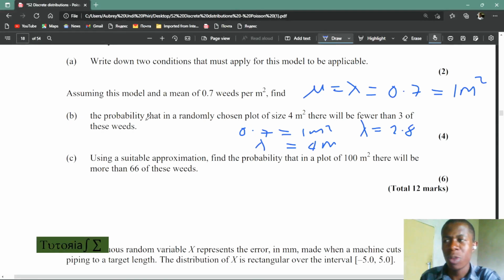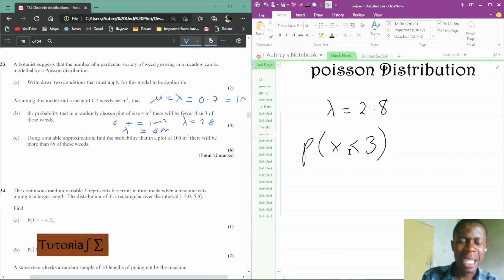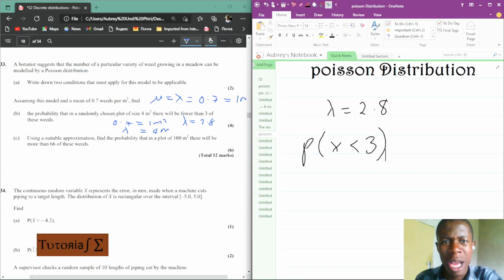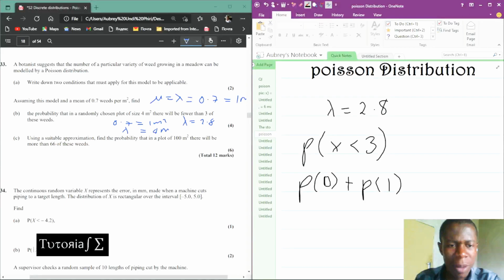So let me just switch to my writing. All right, so I've just written down my data. The mean is 2.8, and we're asked to find the probability of fewer than 3, which is x less than 3. So that is the probability of x is 0, plus the probability of x is 1, plus the probability of x being 2.